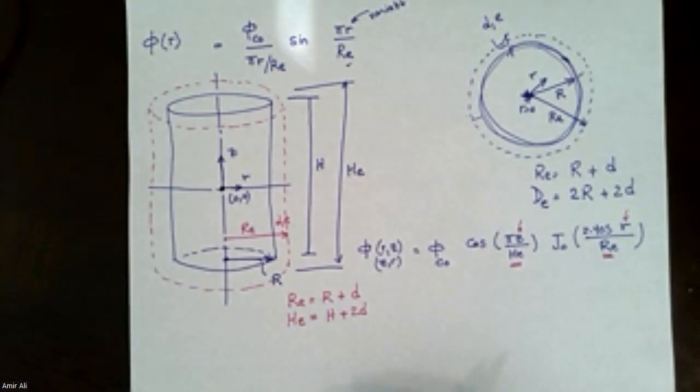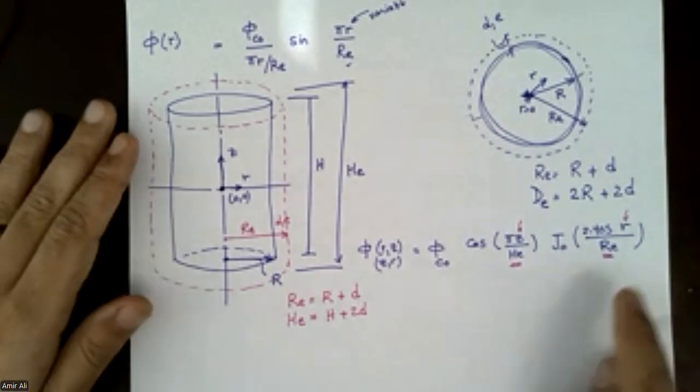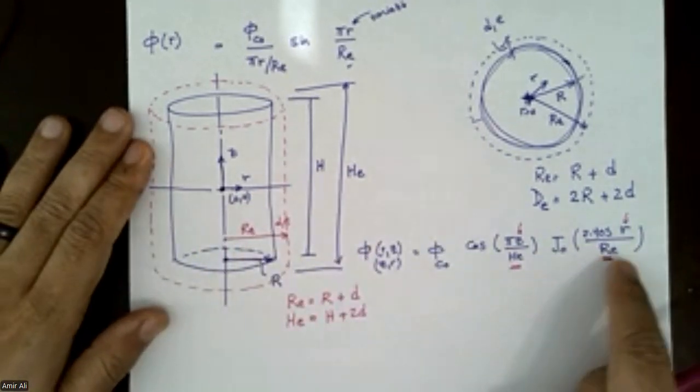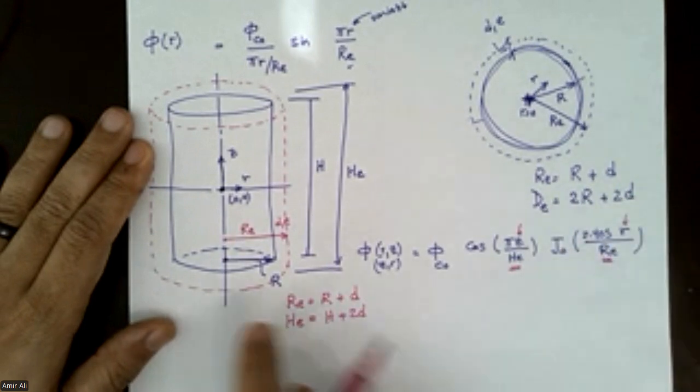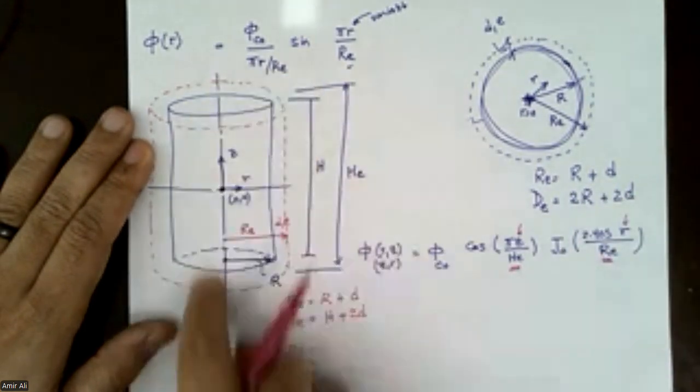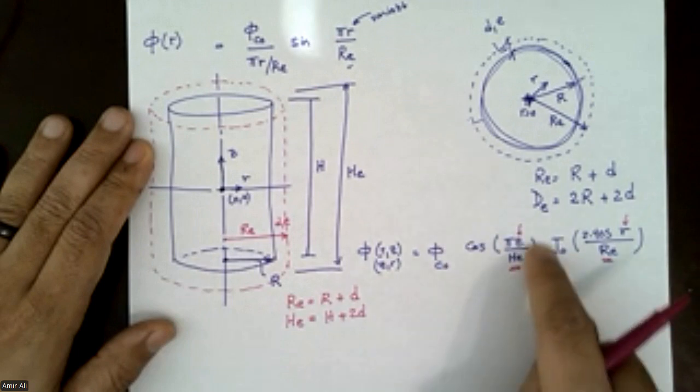What's very important for this equation actually is looking at the distribution of the neutron flux. So we have a two-dimension distribution. We have one in the R direction, which is presented by that J naught function, and we have one in the Z direction presented by the cosine function.